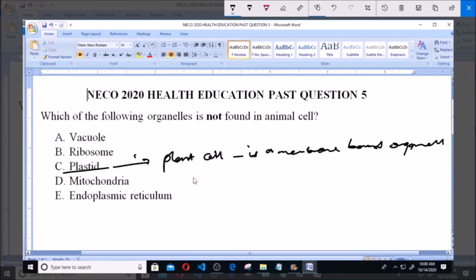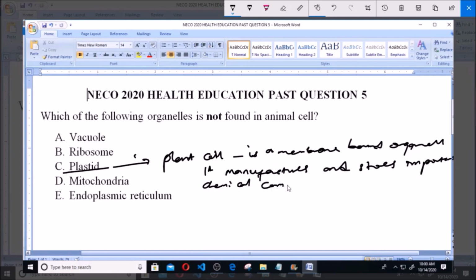Now it manufactures and stores important chemical compounds required by plants to manufacture their food.